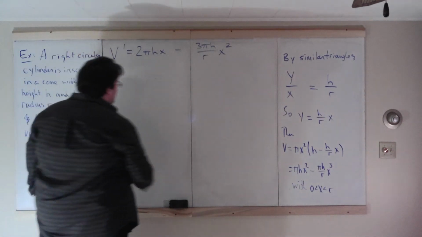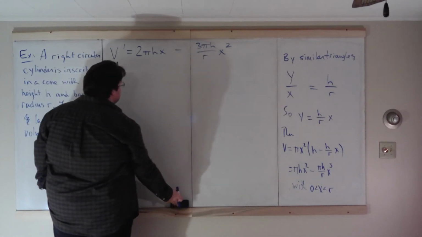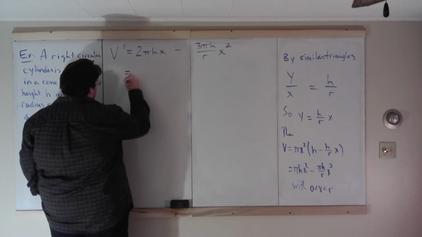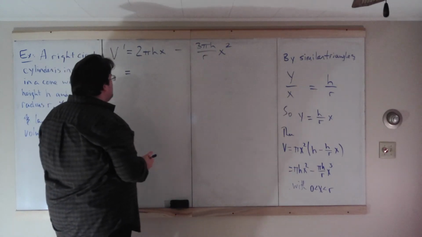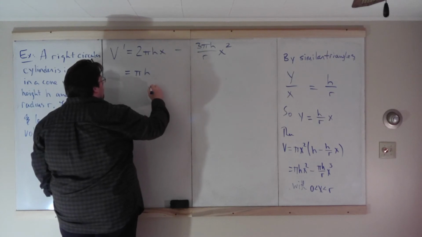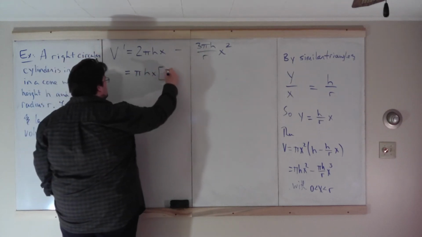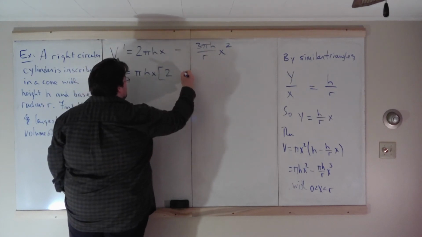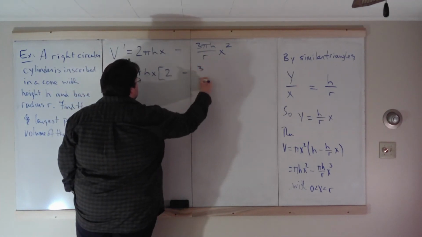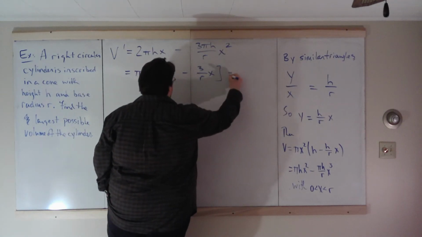I guess I'll factor it. Everything has a pi. Everything has an h. Everything has an x. Pull that off of this, you're left with a 2. Pull that off of this, you're left with a negative 3, an r in the denominator, and another x.